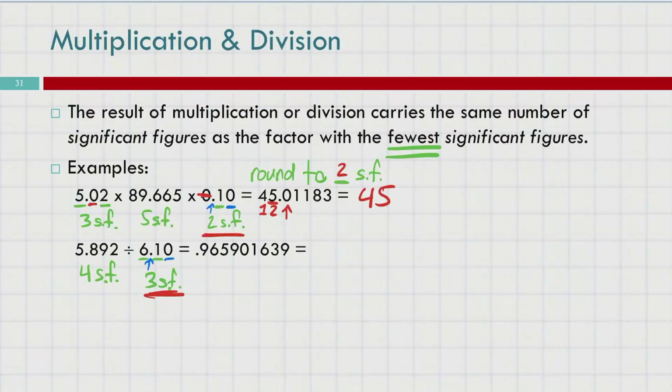So we're using 3 significant figures. So in the result that our calculator gives us, the 9, the 6, the 5 is our 3rd significant figure. That's our last significant figure. We look at the 9 to see how we round. 9 is bigger than 5, so we round up. 0.966 would be our number.